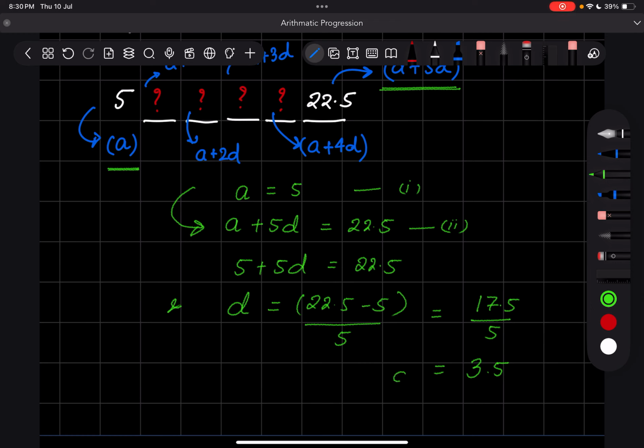So what we have got? We have got the common difference.